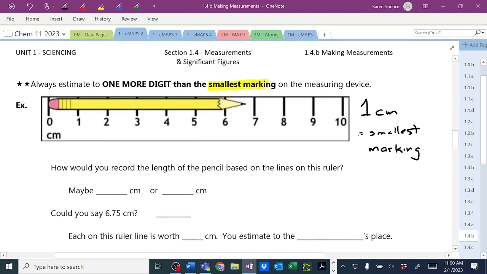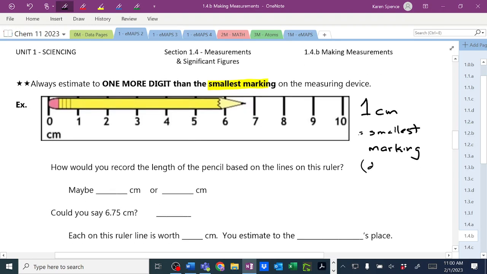Half my writing keeps disappearing. So that's our smallest marking or our smallest division. It's the other word we can use for it. So with your partner, first think what you would measure this pencil as, and then compare your measurement with your partner.